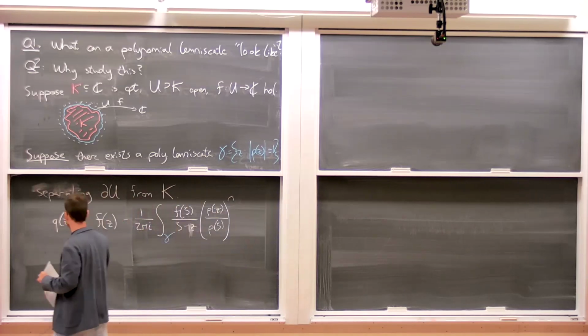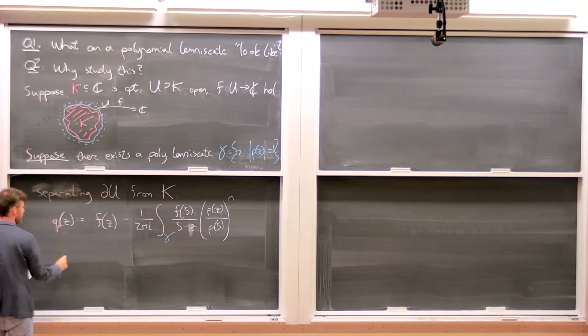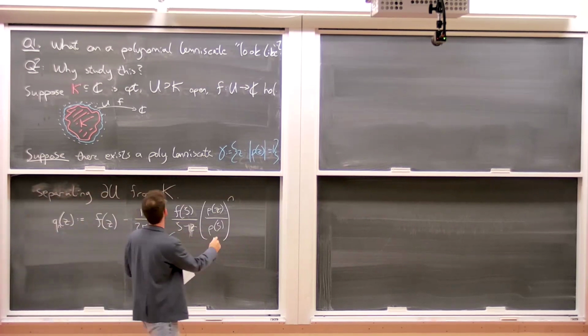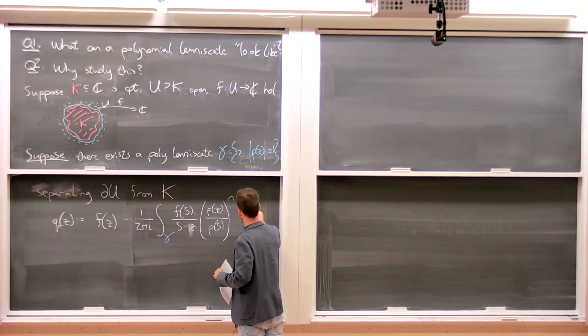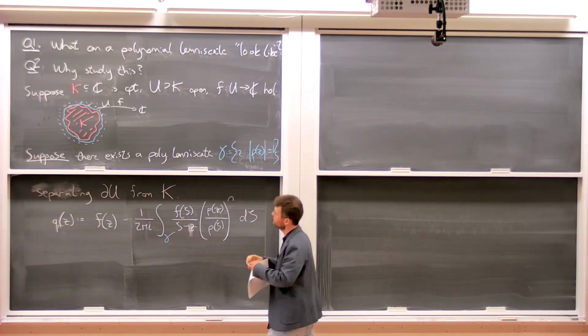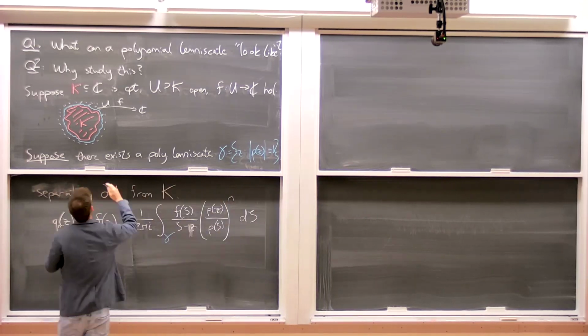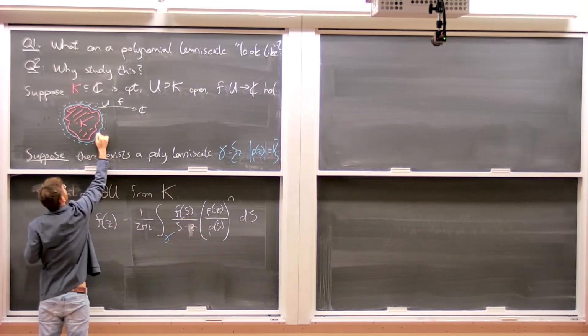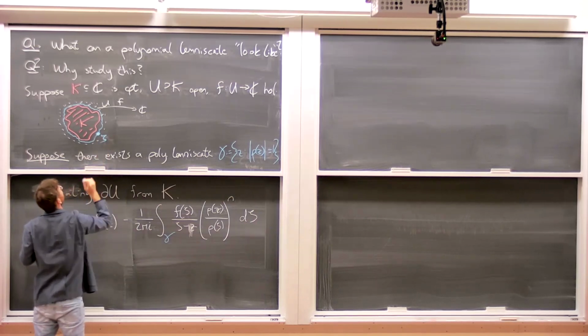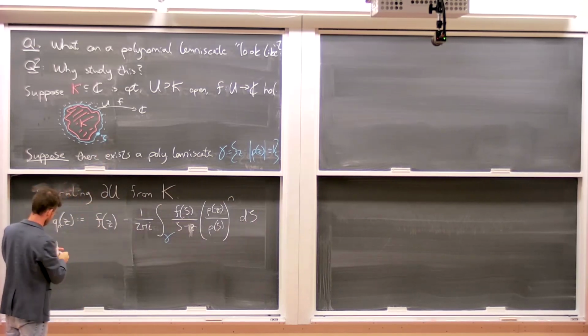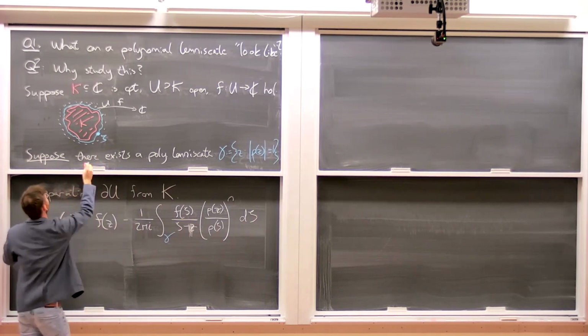We also want to add an n subscript here. N is a positive integer, and the variable of integration is zeta. So with regards to this picture, we should think of zeta as lying on this blue curve, and z is something inside K.